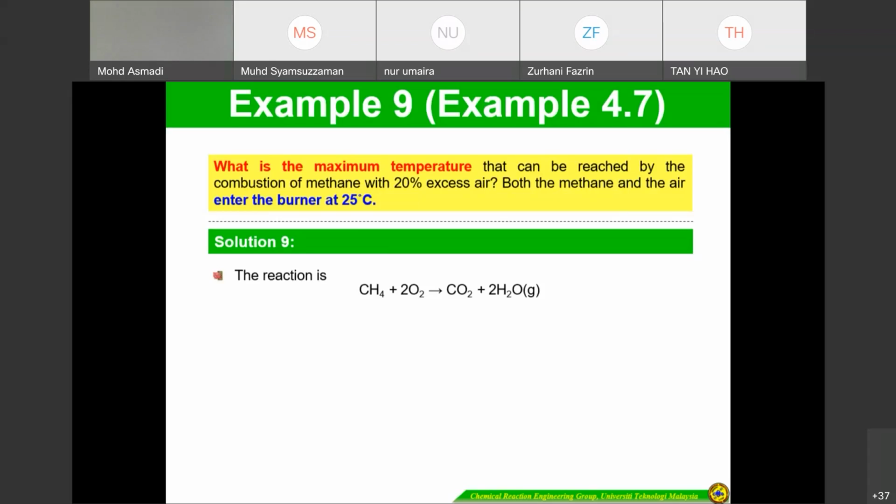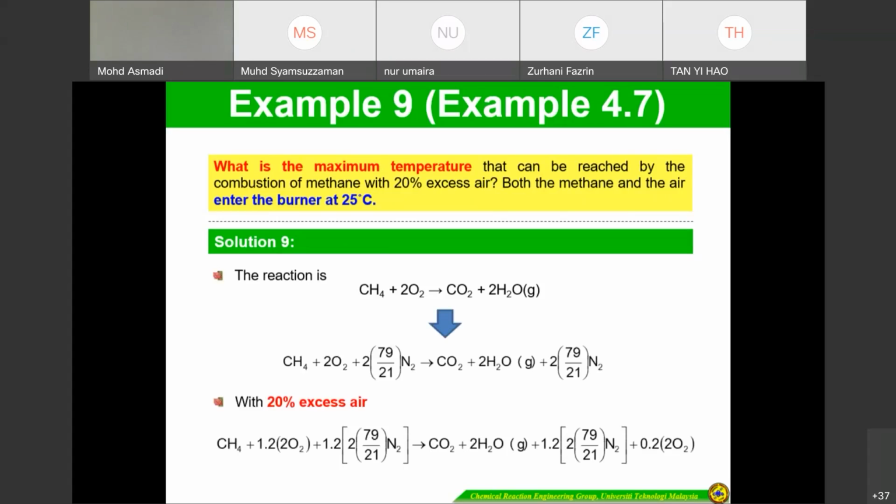Okay, when there is combustion of methane, of course, it involves the methane and also oxygen, plus the excess air, nitrogen and also oxygen, to produce CO2, water, and the nitrogen is not going to react. Normally the reaction is CH4.